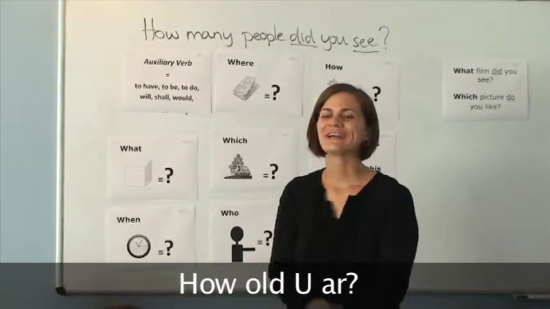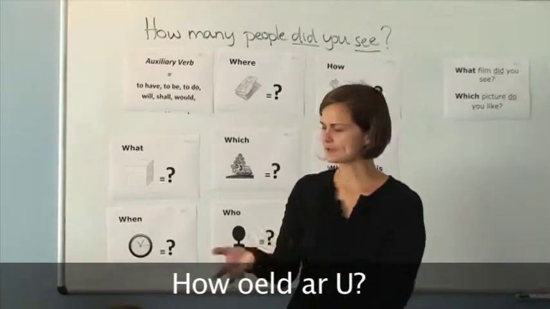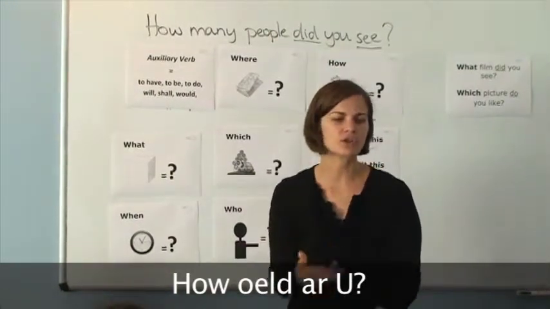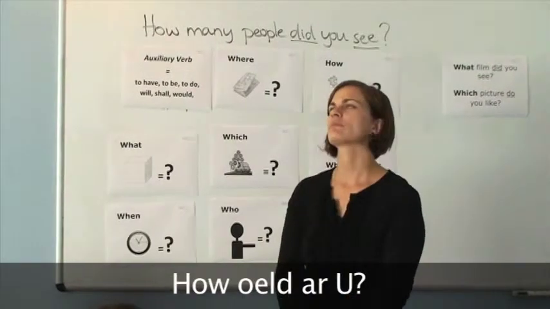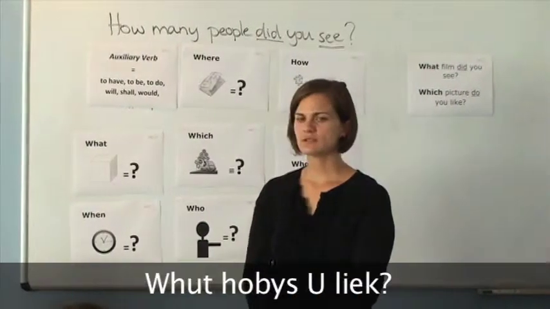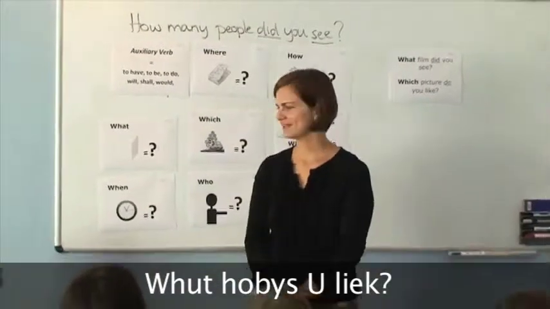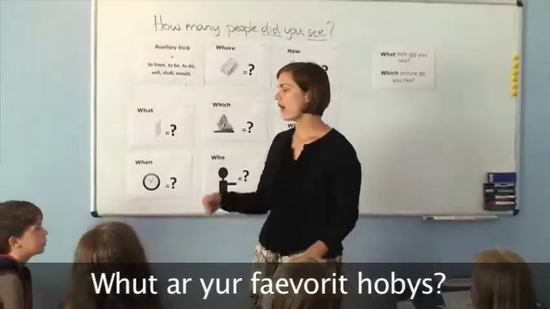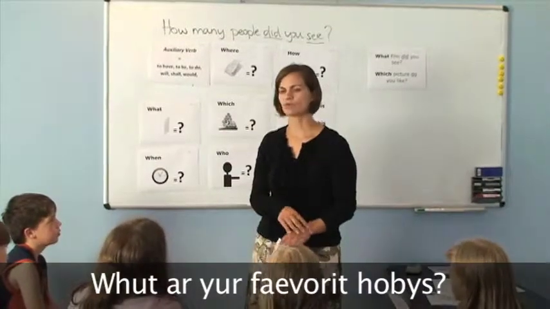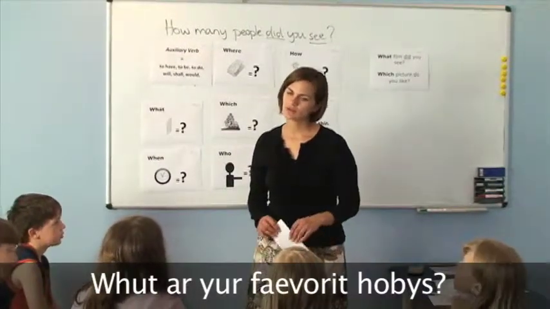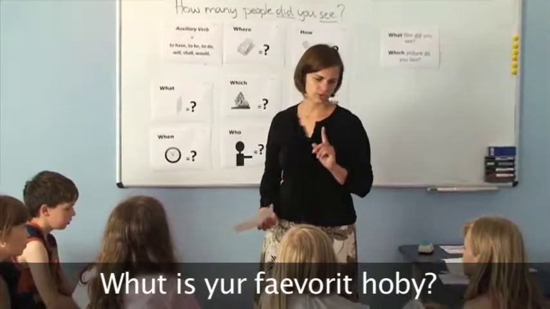How old are you? That's right. I switched the order there. How about what hobbies you like? What's missing? What are your favorite hobbies, or what is your favorite hobby if we're talking about one?